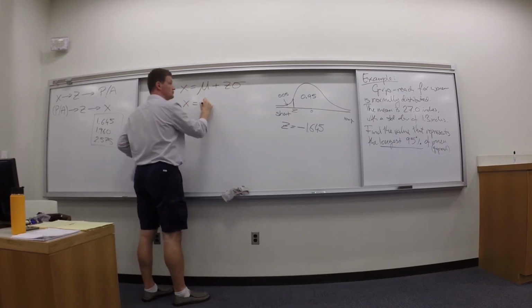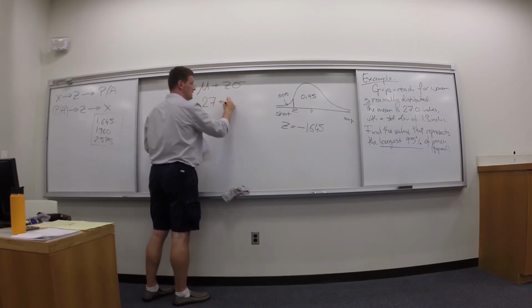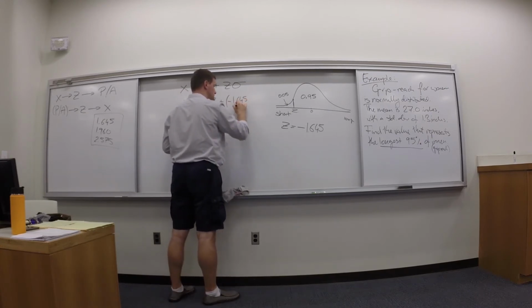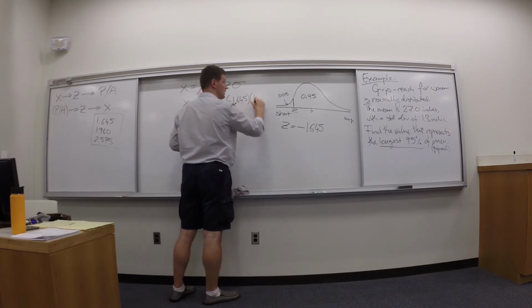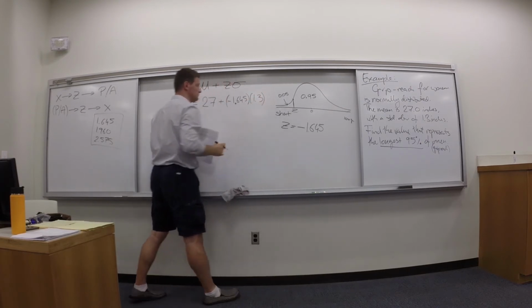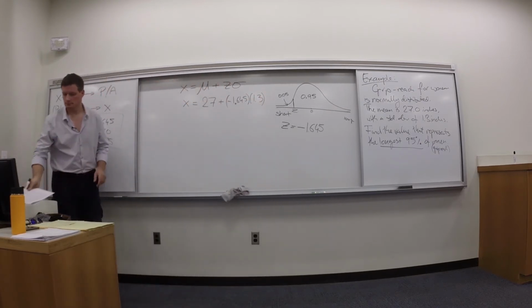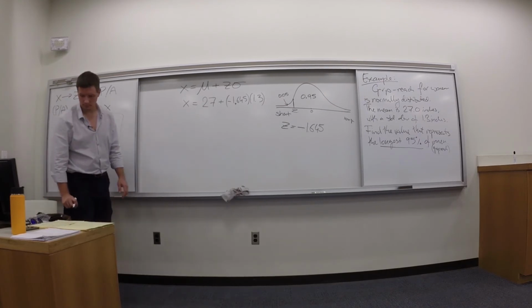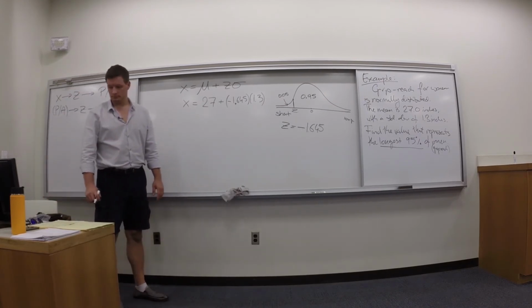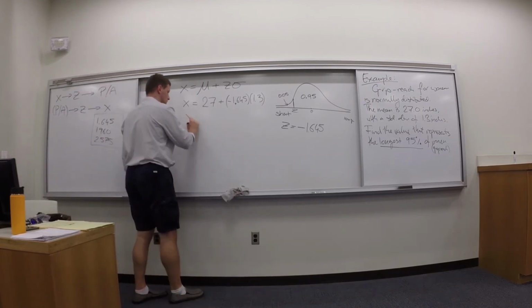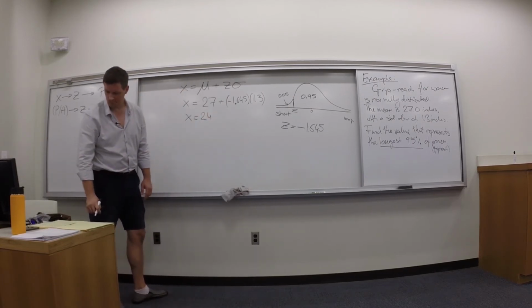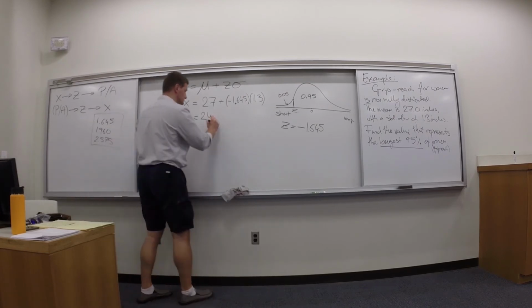So the value equals 27 plus negative 1.645 times 1.3. So x comes out to be 24.86.